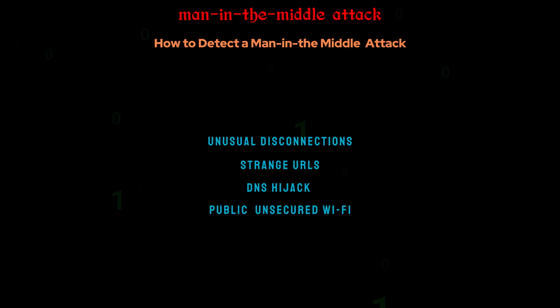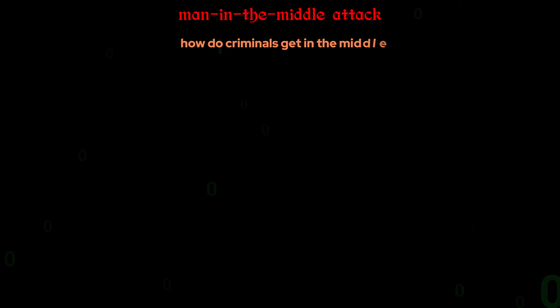Criminals are known to use innocent-sounding Wi-Fi network names such as "local free wireless." So beware. Attackers may be offering free connectivity, but they observe all of the user's activity, too. But how do criminals get in the middle?